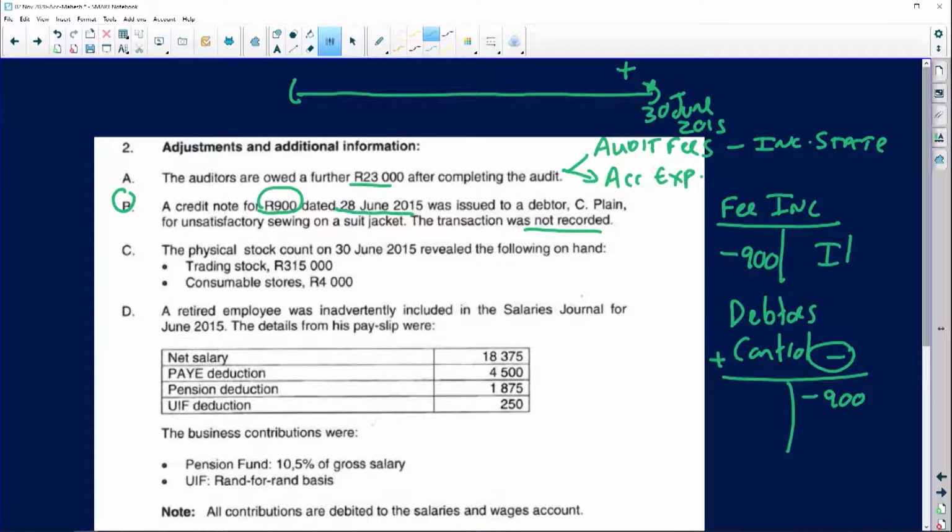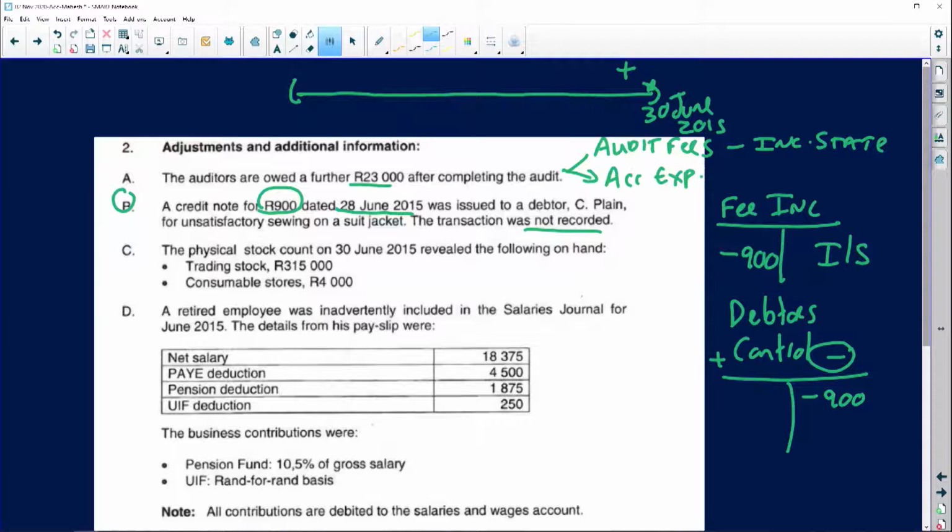Now remember guys, and I know I said this when I was doing adjustment A, we're focusing on the income statement. So fee income affected the income statement. Debtors control affects trade and other receivables, or your balance sheet if you're doing everything directly in the balance sheet itself. So debtors control minus 900 Rand.